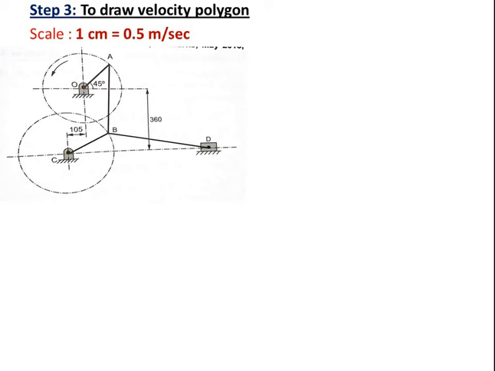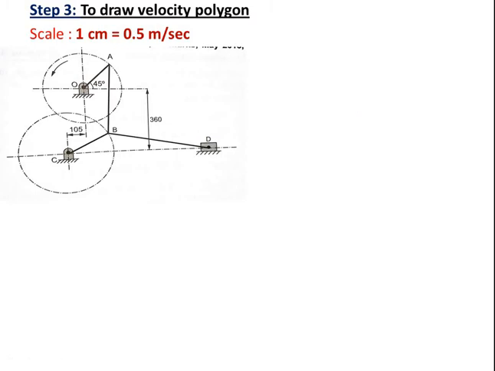The only thing is that they must all be on a single page because we have to draw lines parallel and perpendicular to the links in the configuration diagram. There is no rule on where the velocity polygon and the acceleration polygon should be. It can be drawn anywhere aside of the configuration diagram.